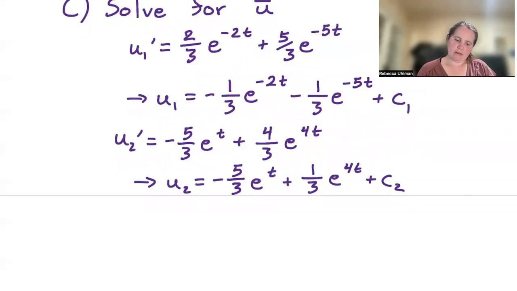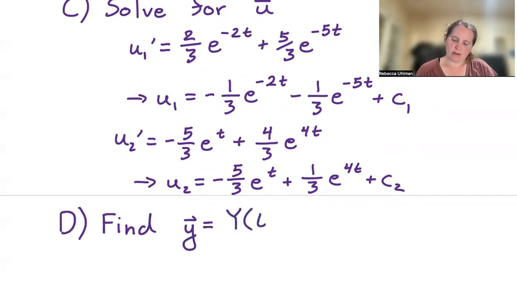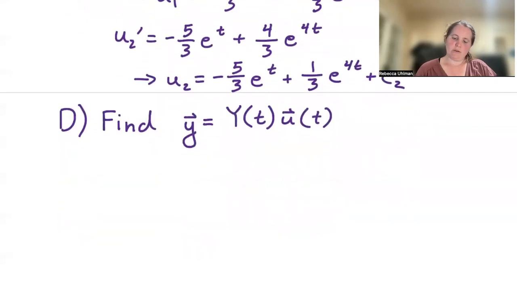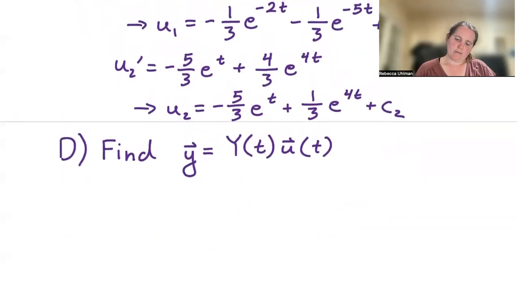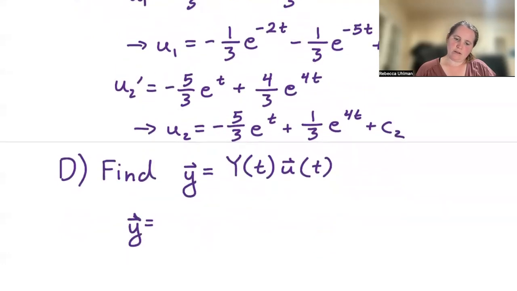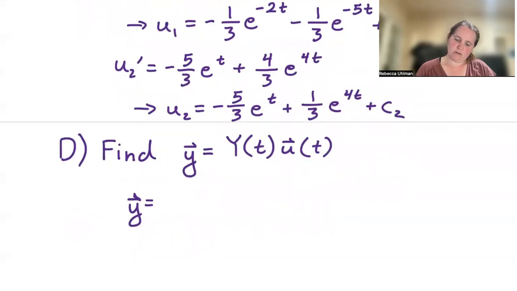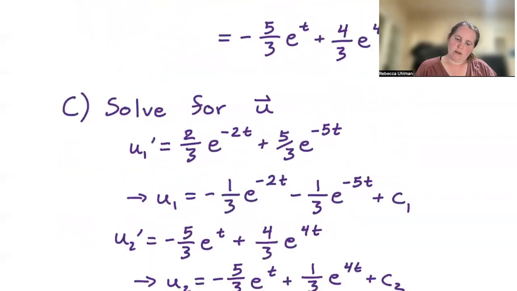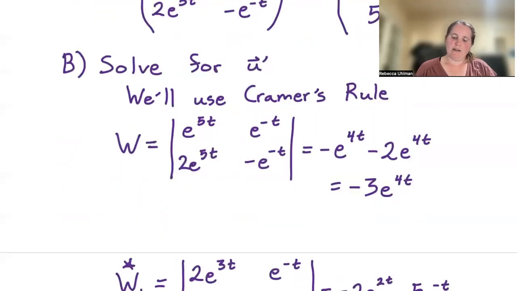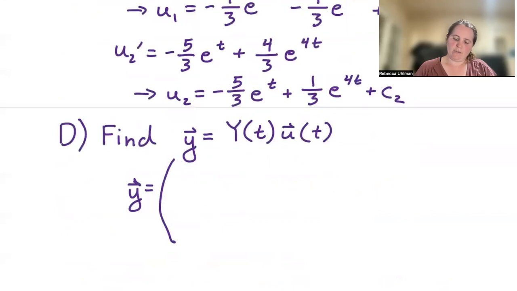And then D, our next step is simply to find our solution. So find y, which was equal to our y of t times u of t. So we are looking at y is equal to, we have our matrix. Our y of t was e to the 5t, 2 e to the 5t for the first column.